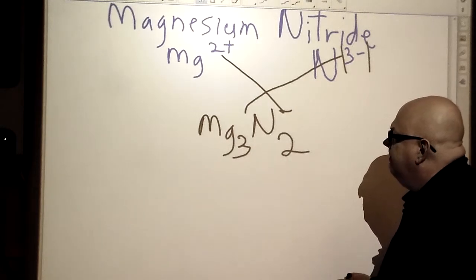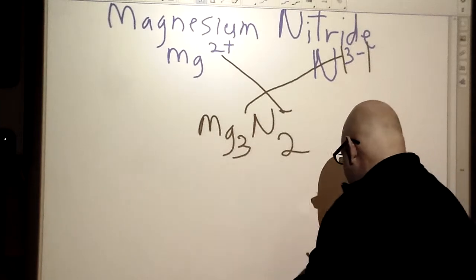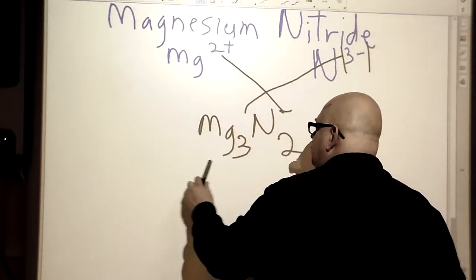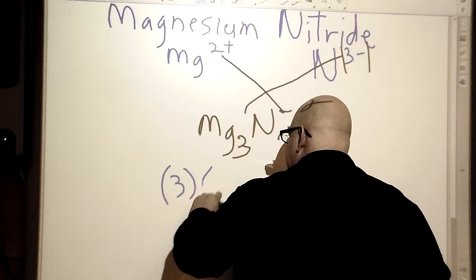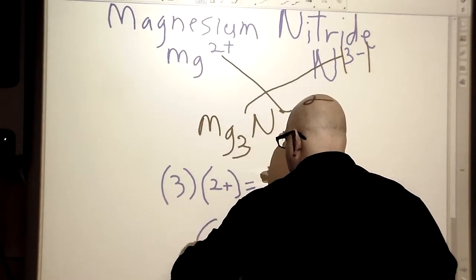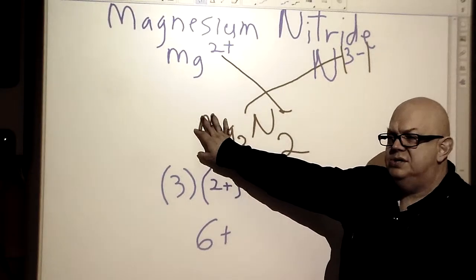Okay? Now, but is it correct? This is how we got to check it out. So I know that magnesium each has a +2, so it's going to be 3 times +2 gives me a +6. Okay, so I got a charge of +6 on this side.